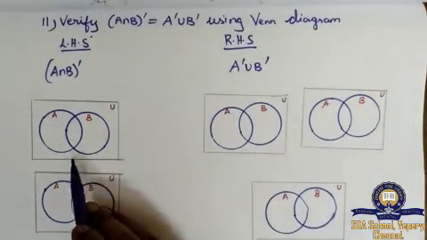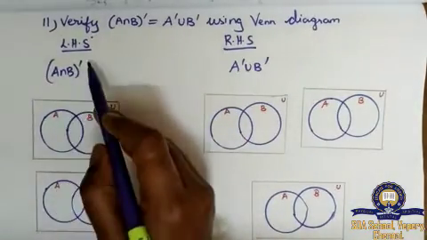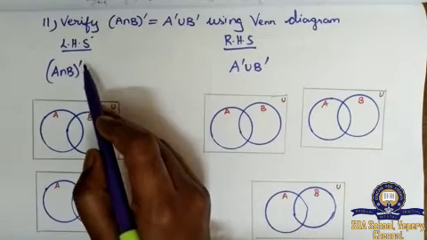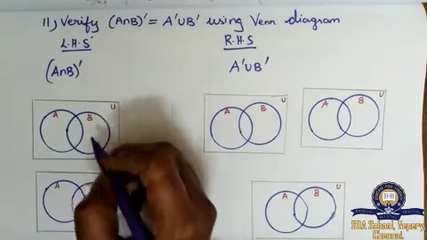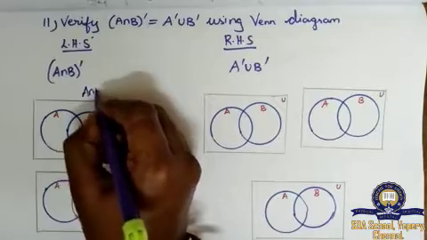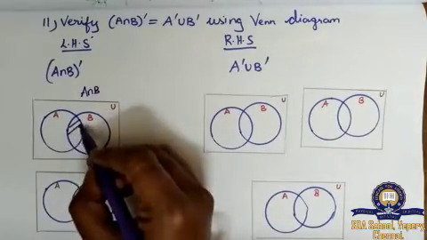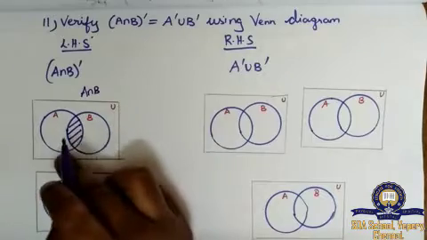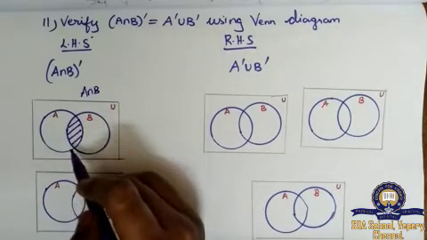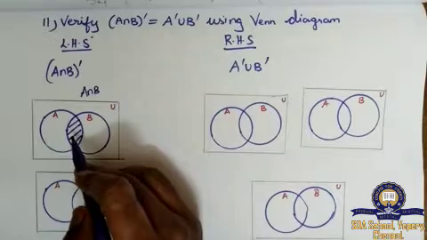So find out A intersection B the whole dash. First, find out A intersection B. A intersection B means, as I told you just before, the common elements, the common part in the sets A and B. This part is common.